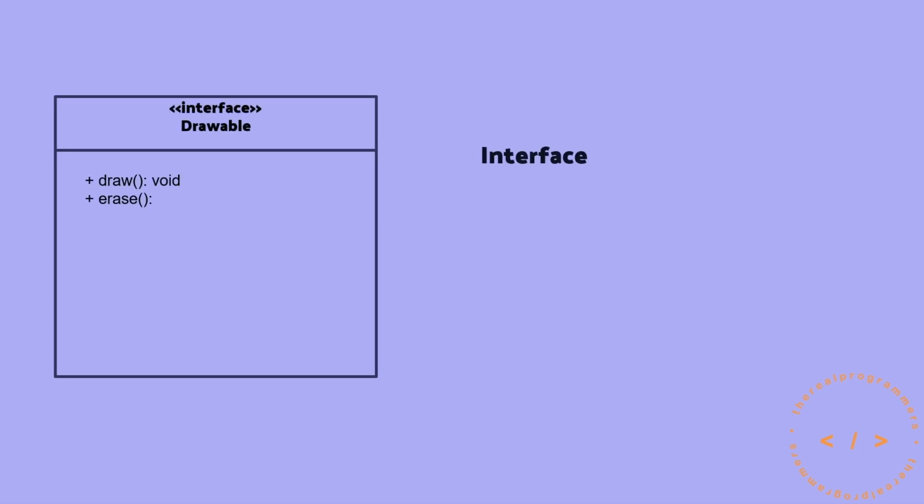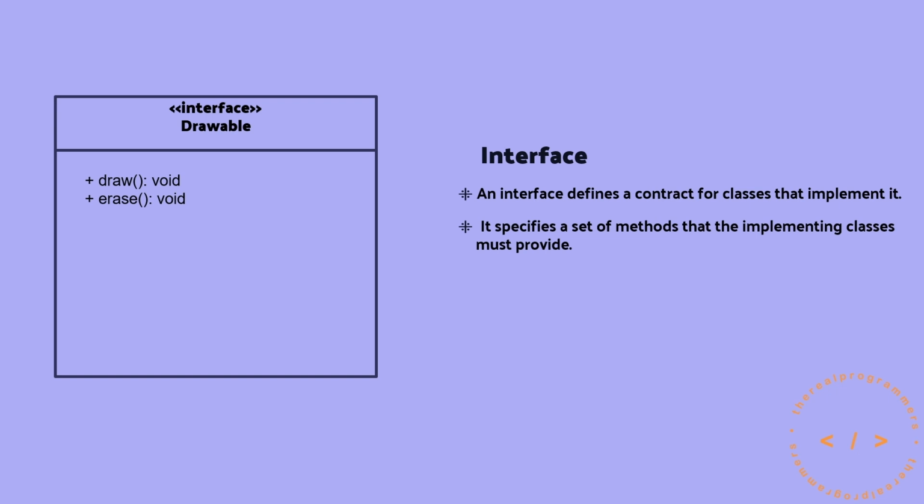Next, we will talk about interfaces. An interface defines a contract or agreement for the classes that implement it. It specifies a set of methods that the implementing class must provide. So, in case of an interface, we usually have two compartments.